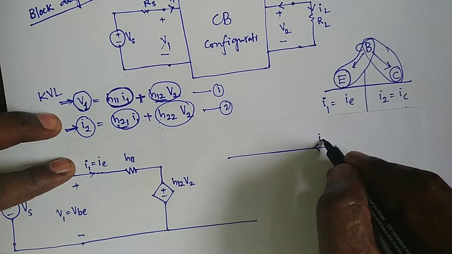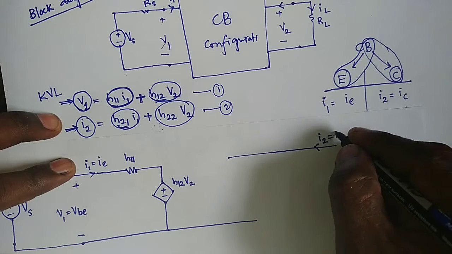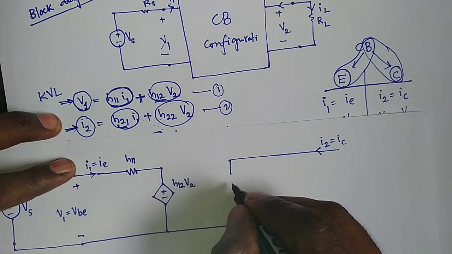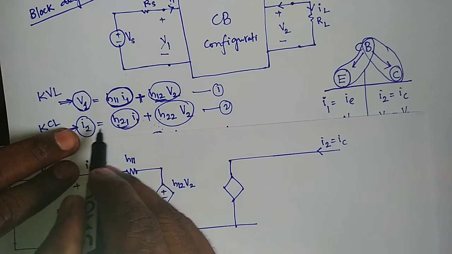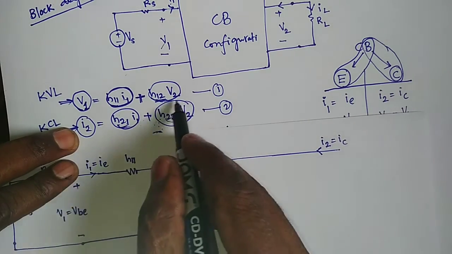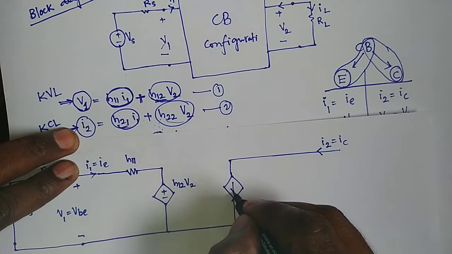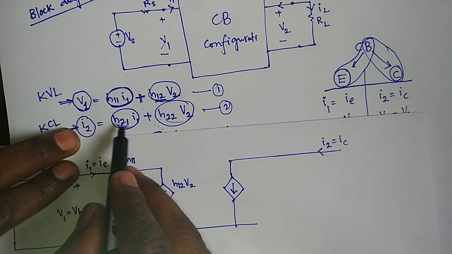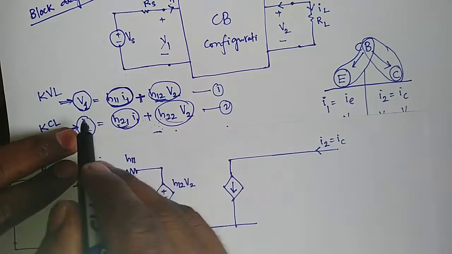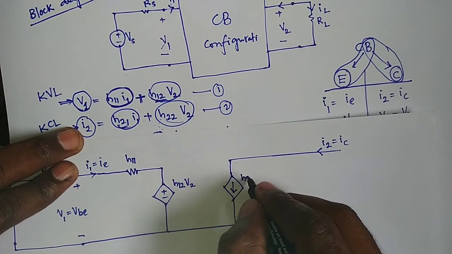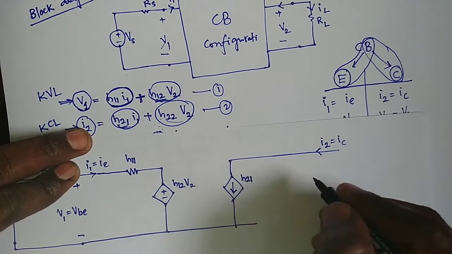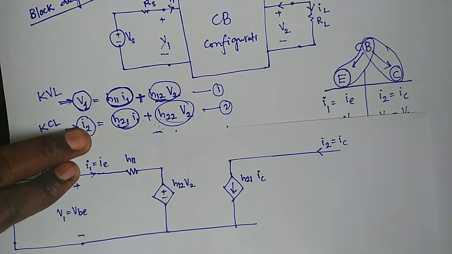Next, at the output port I2 is equal to IC. We have two elements in parallel. This is also a current source. Why? Because I2 by I1, where I2 is the second port and I1 is the first port, is a dependent source. Simply that value is H21 I1, where I1 is equal to IE.